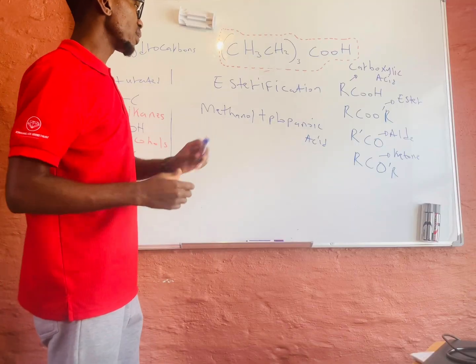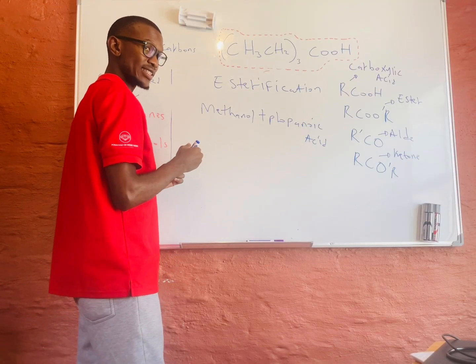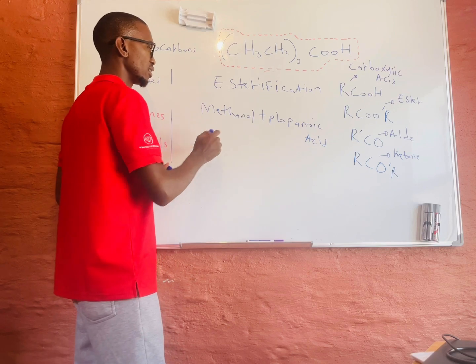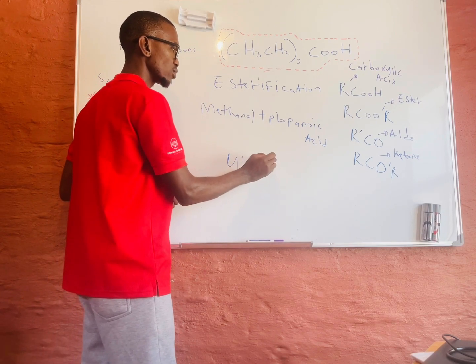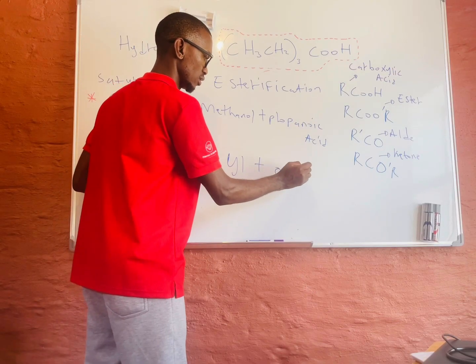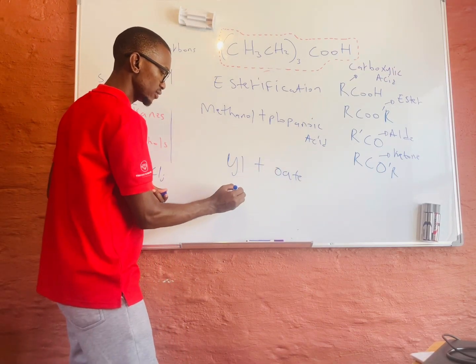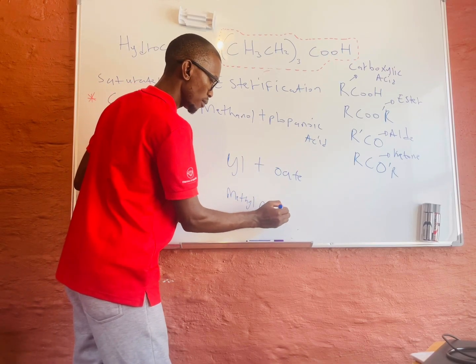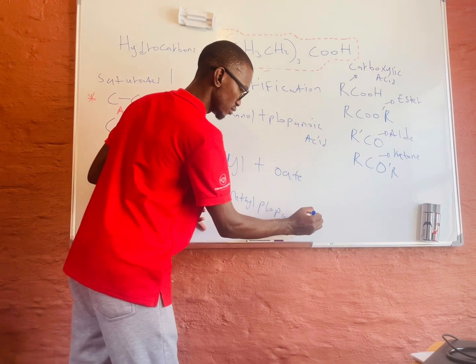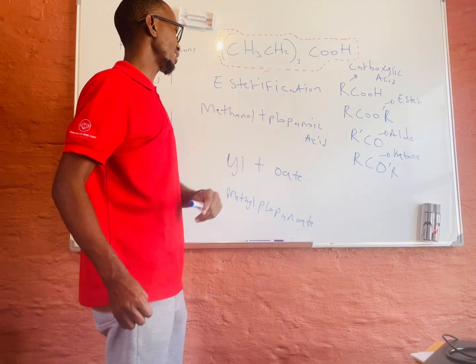We are expecting the name of the compound, remember, an ester. When you're forming an ester, the alcohol takes the -yl and then the carboxylic acid will take the -oate. So now, what's going to be the name? It's going to be methyl propanoate. Methyl propanoate is going to be the name of our ester.